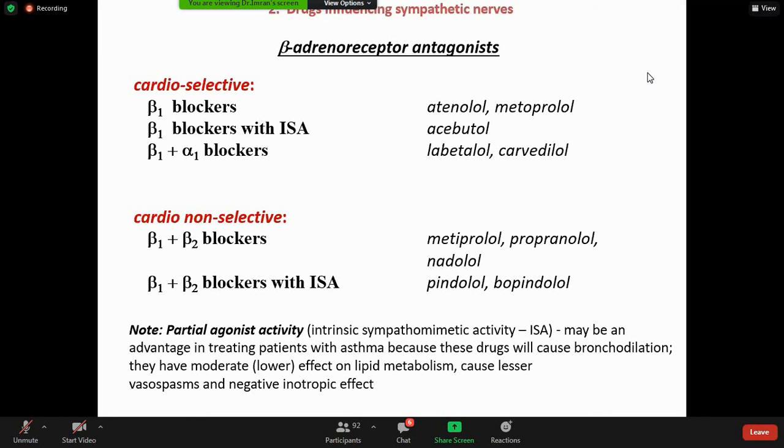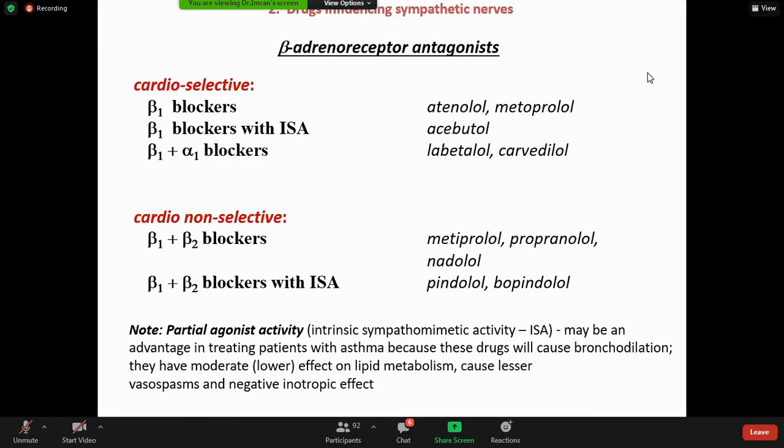Now, the beta 1 and beta 2 blockers with intrinsic sympathomimetic activity or partial agonist activity are pindolol and bopindolol. This partial agonist activity may be an advantage in treating patients with asthma, because these drugs will cause bronchodilation as well.